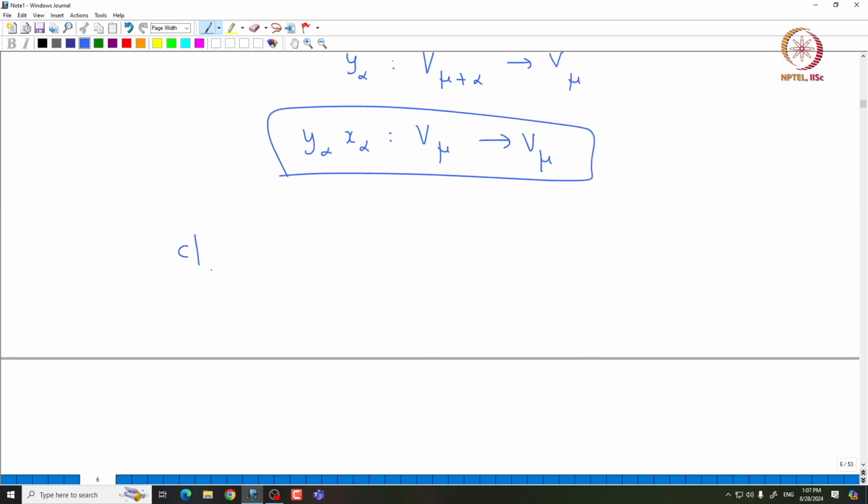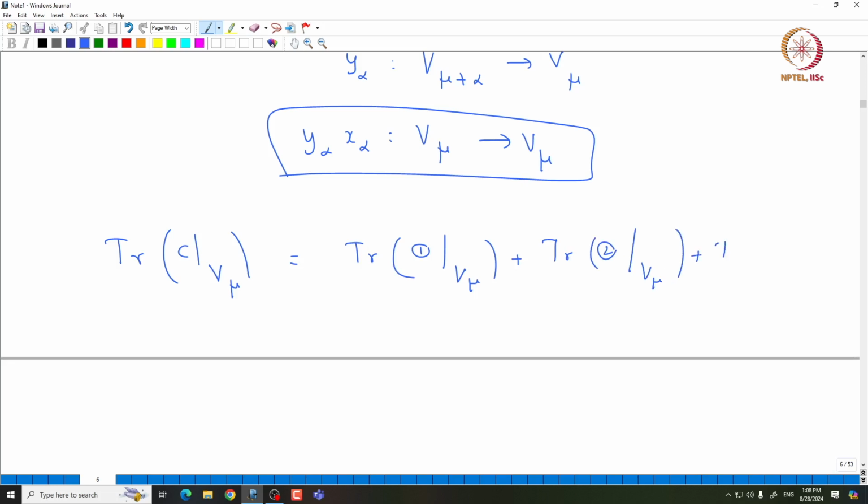So, the trace that we are interested in computing, for C restricted to V_mu, is exactly equal to the trace of the first summand restricted to V_mu, plus the second summand restricted to V_mu, plus the third one restricted to V_mu.